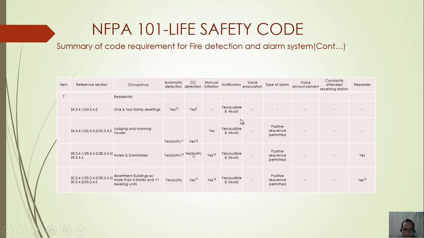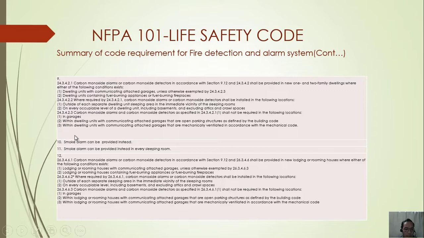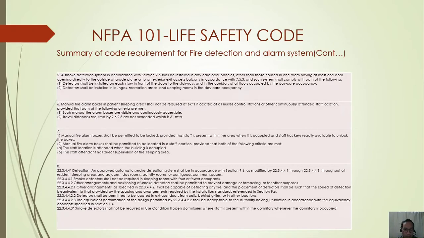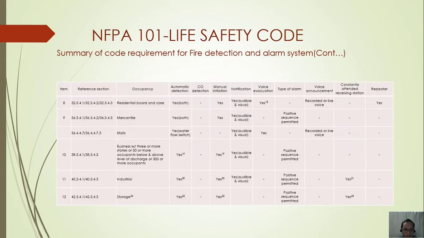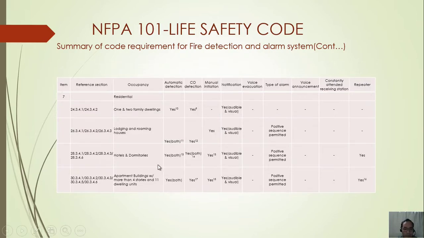Okay, we'll go now to note 10. What is note 10 for automatic detection in one and two family dwellings? For automatic detection, yes, fire detector is required. Okay, smoke alarm can be provided instead. So rather than providing a complete fire alarm control panel with the CO detection or a fire detector, we can install a smoke alarm.